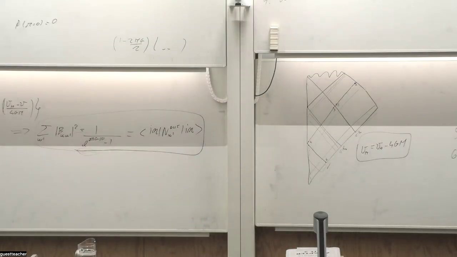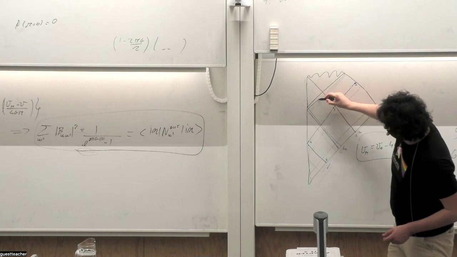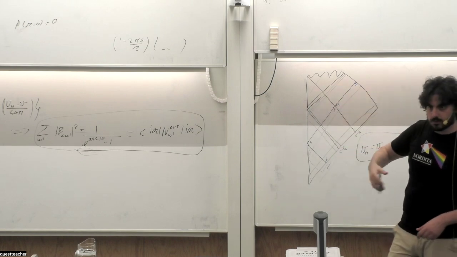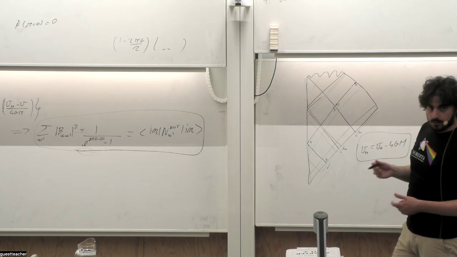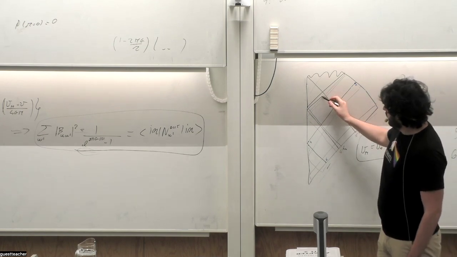Then, as I said, in the first part, when you go from Scri minus up to very close to the black hole, because you use the geodesic approximation, the potential is irrelevant. It does not contribute.